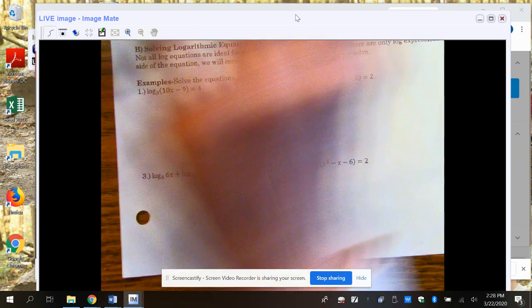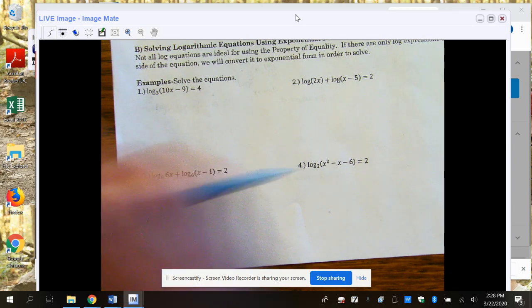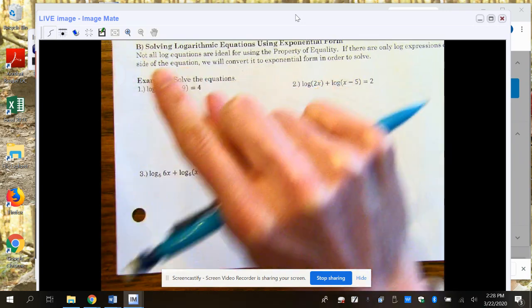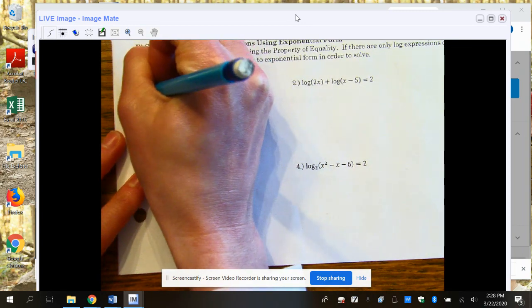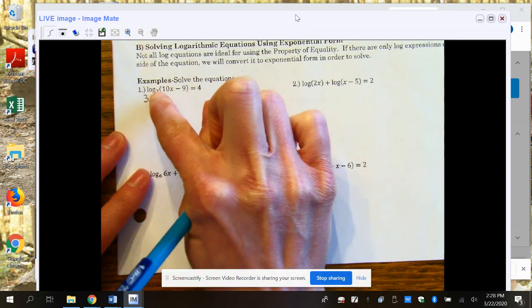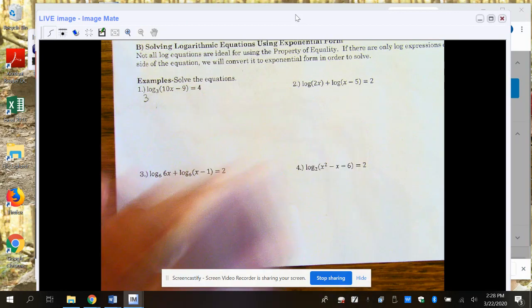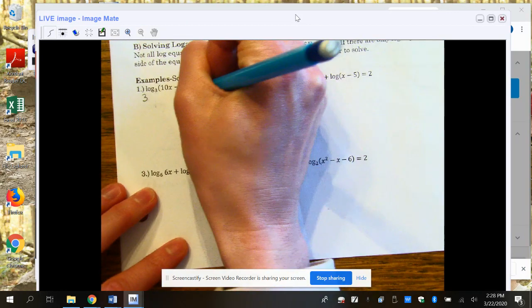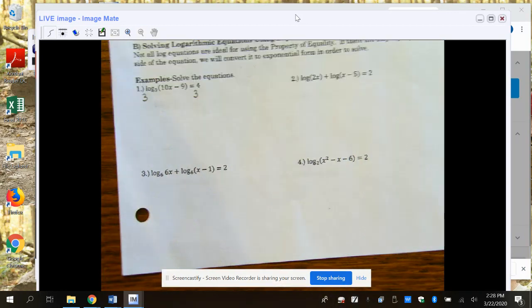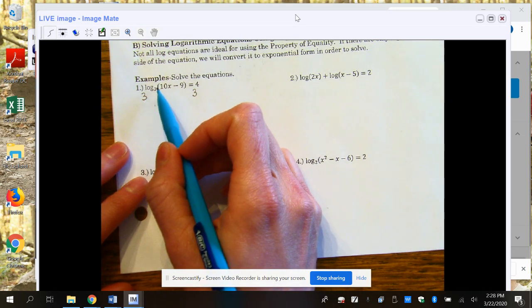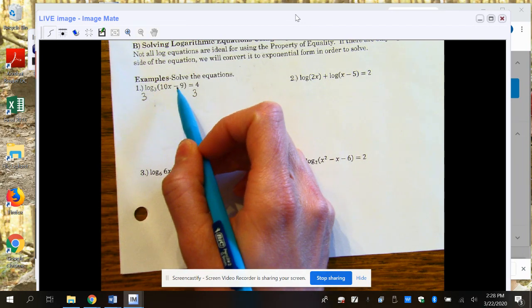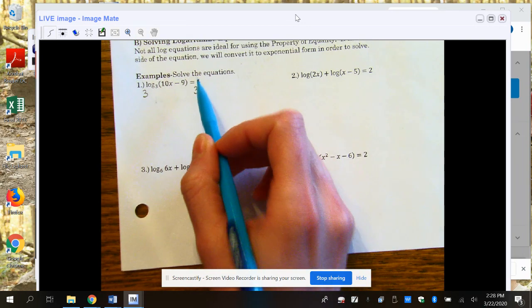So in order to break this variable out of the log, I have to do the inverse of it. What I can do is change it so that this quantity is an exponent, and whatever I do to one side, I have to do to the other. So now I can think of this as 3 raised to the log base 3 power of 10x minus 9 equals 3 to the 4th power.